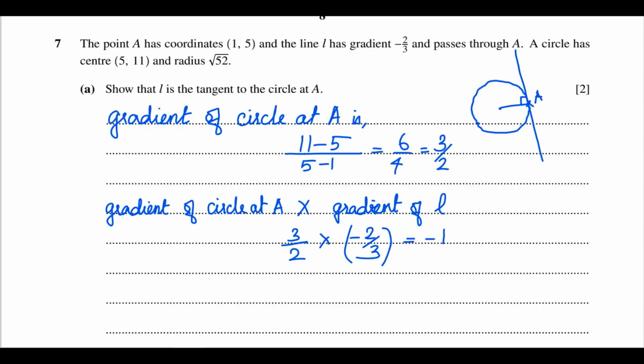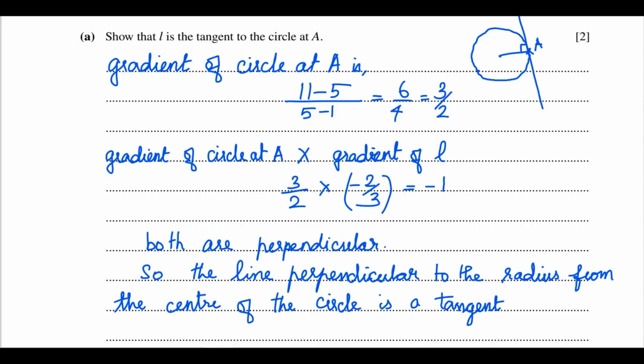That means the line L and the line drawn from the center of the circle to the point of contact are perpendicular. So the line perpendicular to the radius from the center of the circle is a tangent.